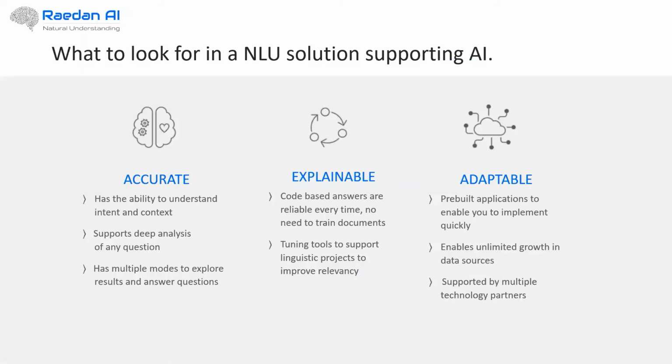So just to summarize, what to look for. If we're going to understand all the data in an organization and make it accessible for multiple use cases, then it needs to be accurate and understandable. It needs to correctly identify the words and the meaning of each word in context. It also needs to be explainable. expert.ai does not require you to train documents or anything like that.